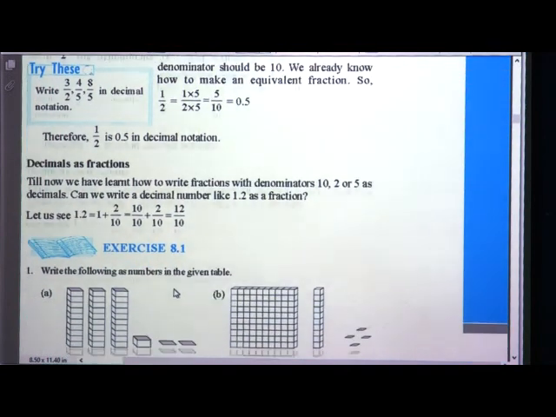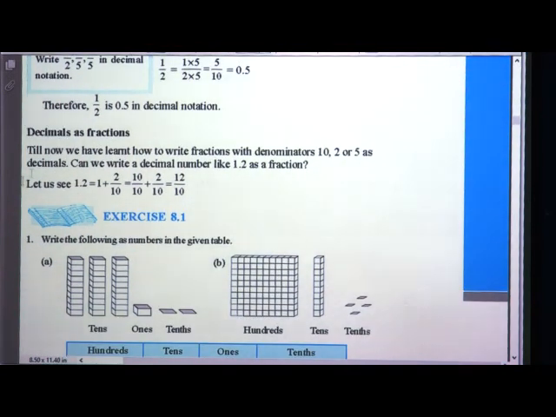Decimals as fractions. Till now we have learnt how to write fractions with denominator 10, 2 or 5 as decimals. Can we write a decimal number like 1.2 as a fraction? Yes, we can. Let us see how. 1.2, okay. So, 1 is the whole number, so we will keep it as it is. 2 is in the tenth place, so it can be written as 2 by 10.